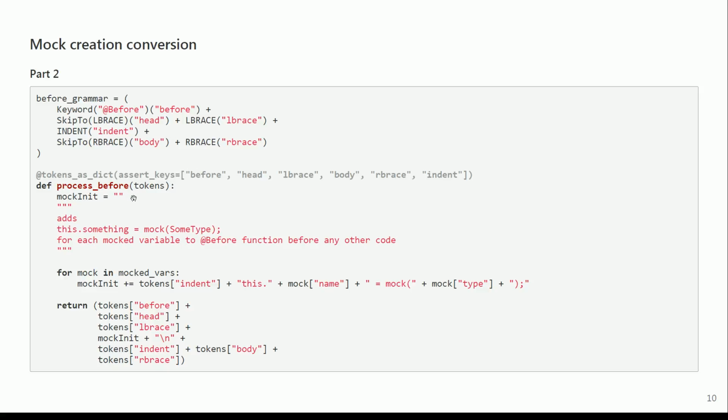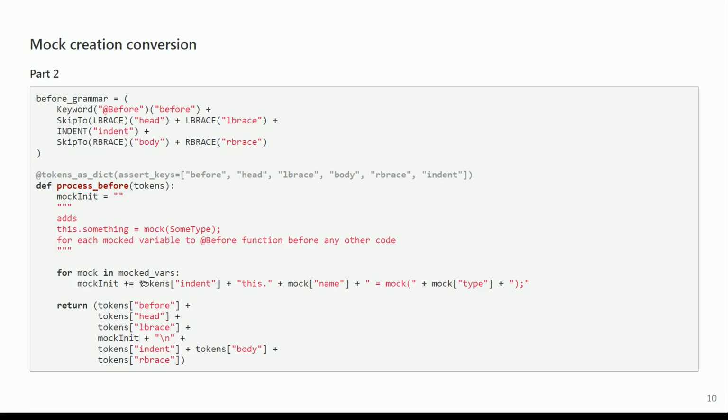Now, because we have all the mocks stored from the step before, we can just one by one initialize them. So we need, in the before function, to call this, whatever the mock is, equals mock and the type that we are actually mocking.